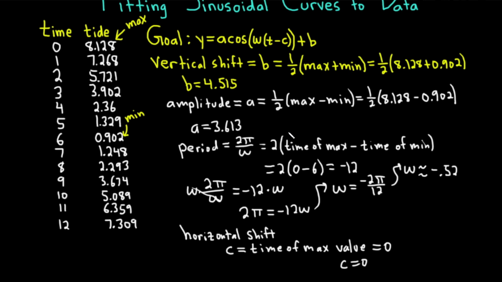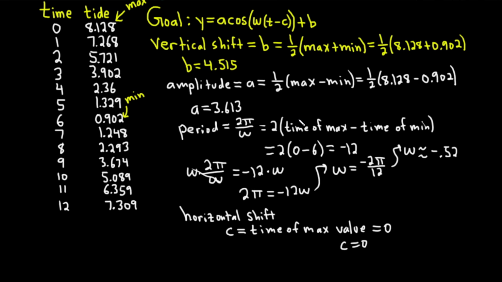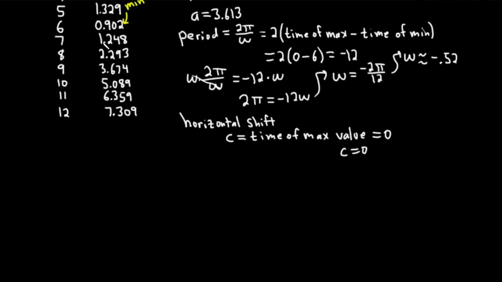So now we have everything, we can plug it in. Let's go ahead and write the model again down here. I'm going to scroll down and write it again from scratch. So we have y equals a cosine, parentheses, omega, t minus c, and then it's plus b. So y equals, so the amplitude was 3.613.